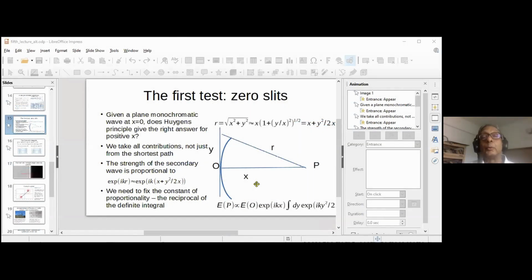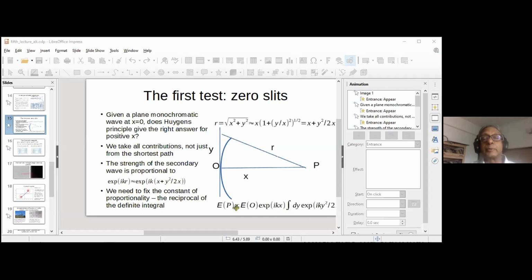I've gone back to one of the earlier slides where we said that the contribution from a point y on this wavefront to a point P in front of the wavefront is going to be an integral over y, and you will have exponential ikx, which is this distance, but inside the integral something which depends on y, which is this phase corresponding to this extra distance.